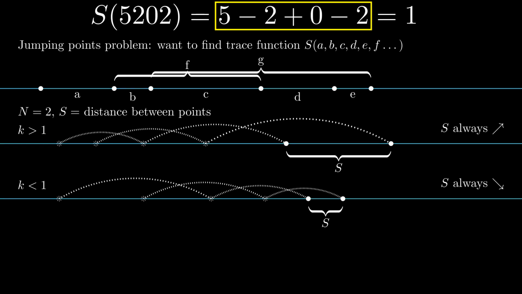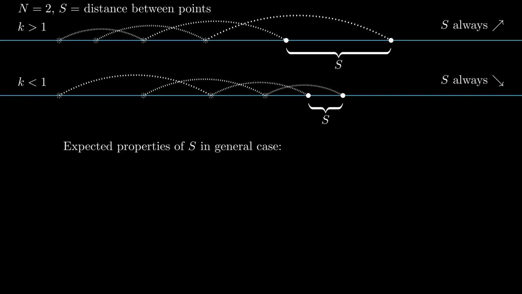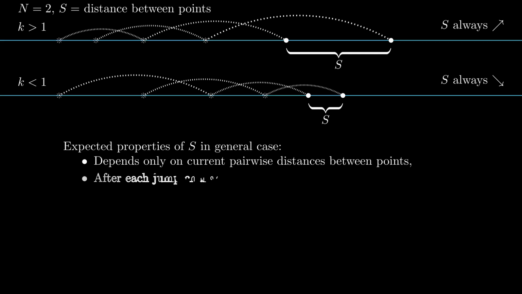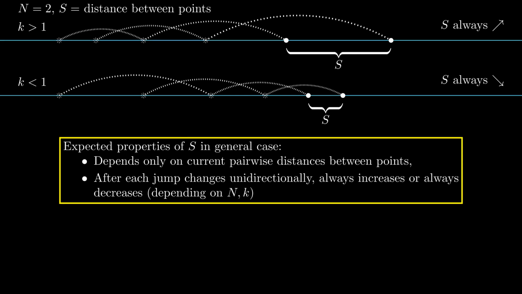That is, the function s, which we are looking for, must satisfy the following conditions. As we said, it must depend only on current pairwise distances between points. And after all jumps, this function must change unidirectionally, always increase or always decrease. The direction of that change, increase or decrease, should depend on values n and k, but not on how points are located or which jumps we use.